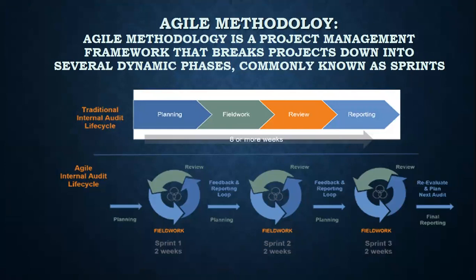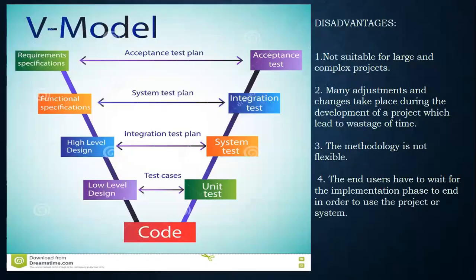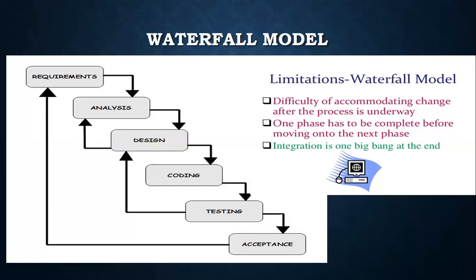So in the waterfall model, one step completes, then only it comes to the next step, right? For example, if the design phase completes, then only it will come to coding. If coding completes, then only it will come to the testing phase. In the agile model, the whole application coding will not be done at once.